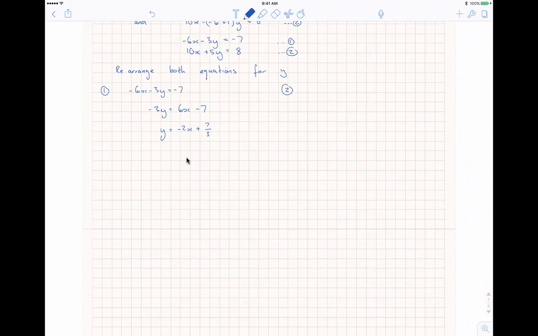We'll do the same for the second equation, 10x plus 5y, subtracting 10x from both sides, dividing by 5.